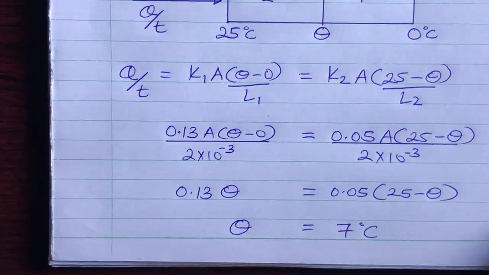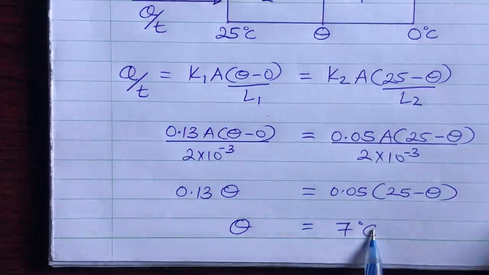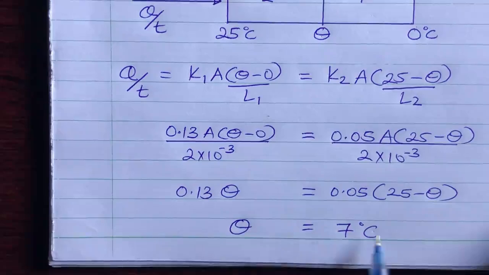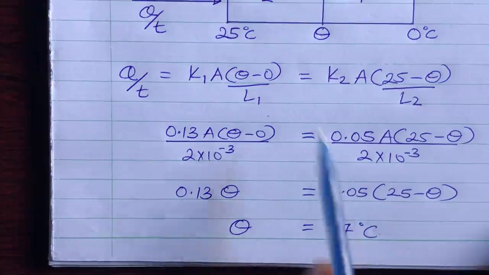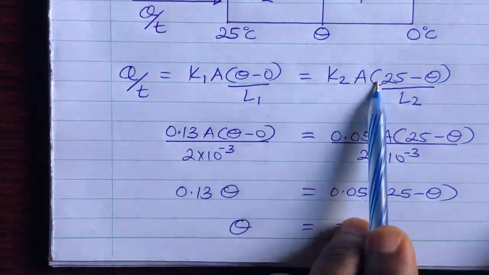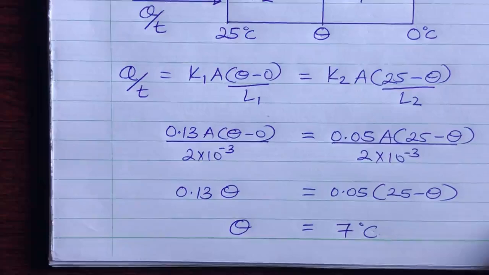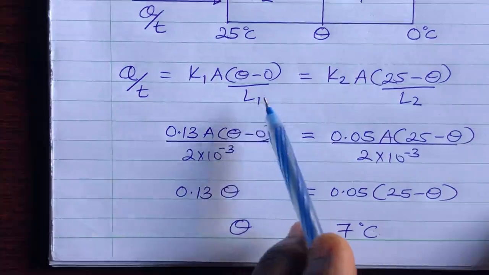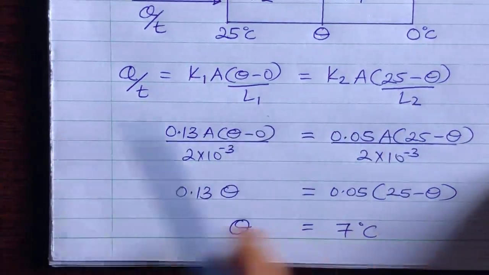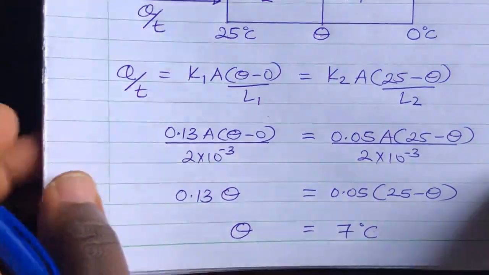But you cannot get that heat without getting the temperature at the interface. So after getting the temperature at the interface, we are now going to substitute in one of the two to get the rate at which heat flows. Why do we substitute in one of the two? Because the rates are equal.